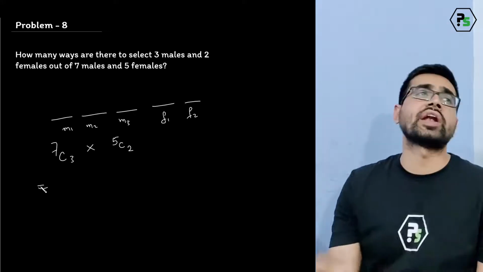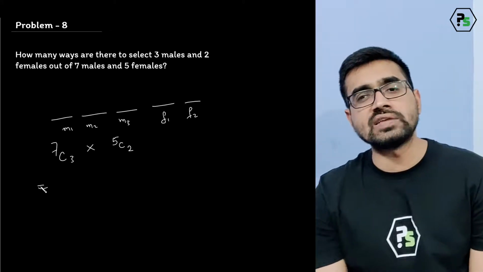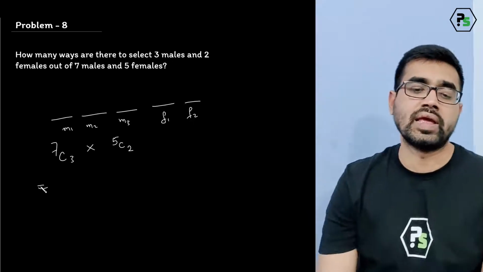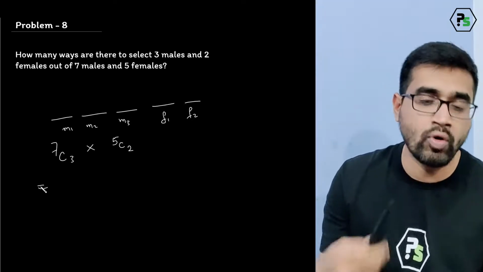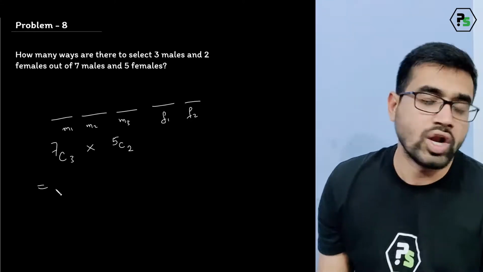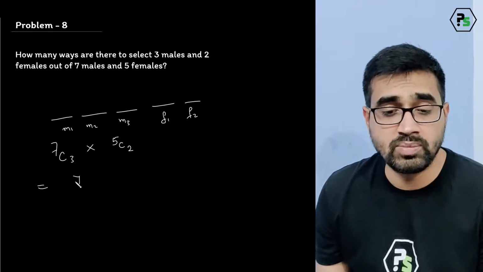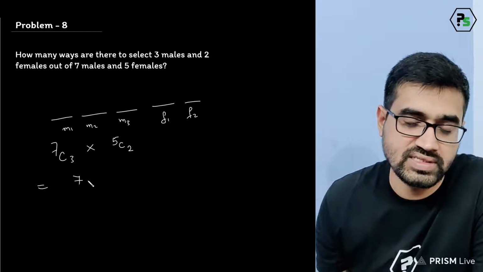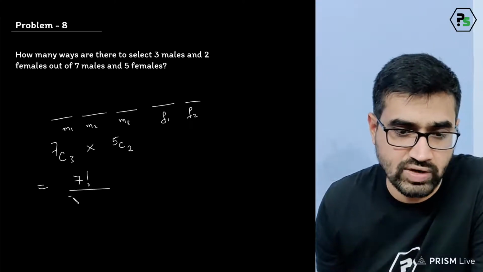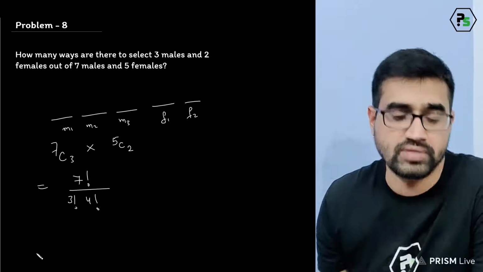I haven't elaborated it much. Maybe in some other class if you want me to, because this will be beyond simpler things and I have to take up more examples to simplify this. Not in this class, but maybe in the next class. So to simplify this, I'll tell you a trick. You know that 7C3 is just 7 factorial by 3 factorial 4 factorial.